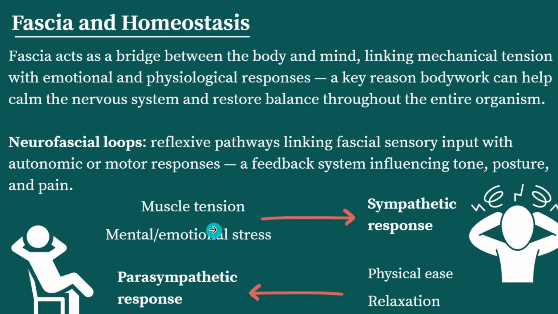So our muscles get tight, which sends a message to the fascia, where most of our nerve endings are, that something's wrong and we need to be worried and we need to be in fight or flight. And so other organs in our bodies are affected by that sympathetic response because we have tension in our muscles.